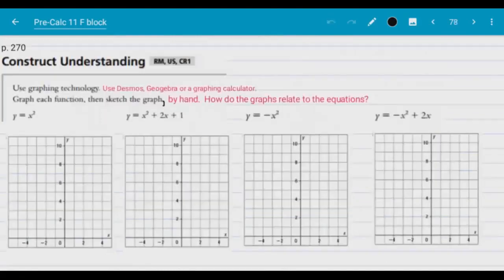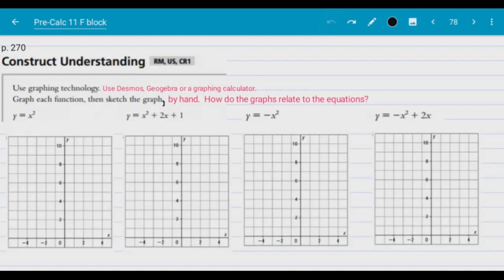Okay. Let's go to the constructing understanding. Use graphing technology. I wrote here, use Desmos, GeoGebra, or a graphing calculator to do this. Once you have done that, I would like you to sketch the graph by hand on all of those grids so that you have an idea of how it looks.